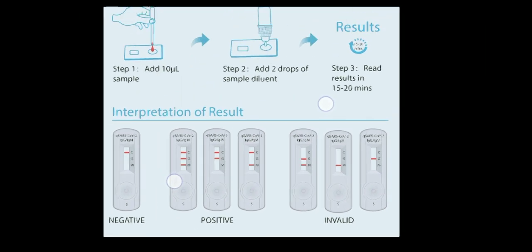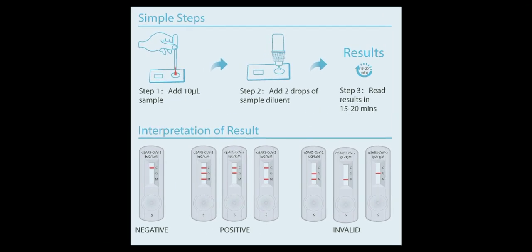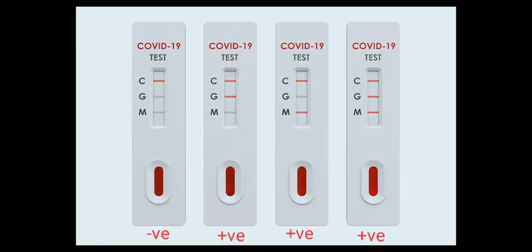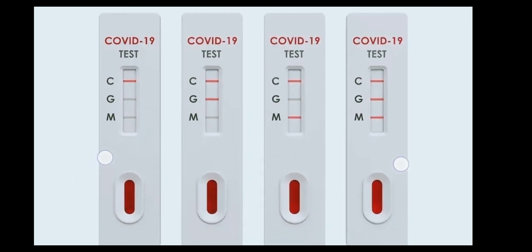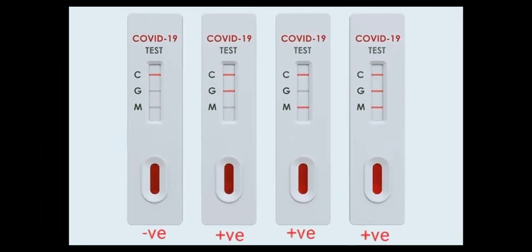So this was all about the steps. Now let's see clearly what the tests show. In the first test you can clearly see there is a clear red line on the control section, which indicates that no antibody has formed against coronavirus, so it is tested negative for coronavirus.